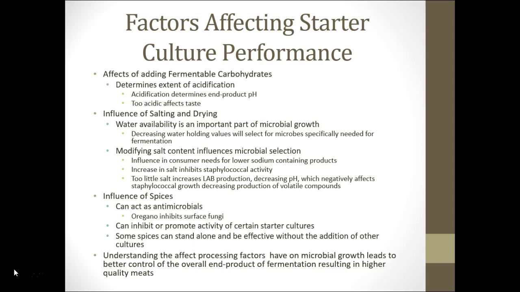Some spices can stand alone and be effective without the addition of other cultures, and understanding the effect of these processing factors and what they have on microbial growth leads to overall better control of our end product of fermentation and results in higher quality meats.